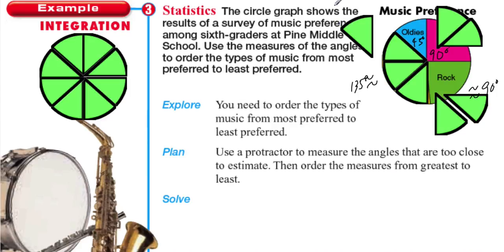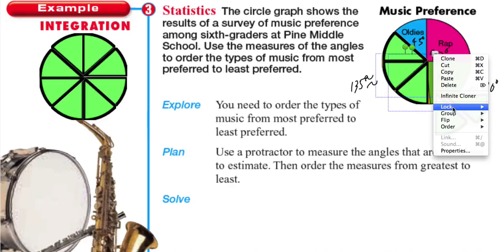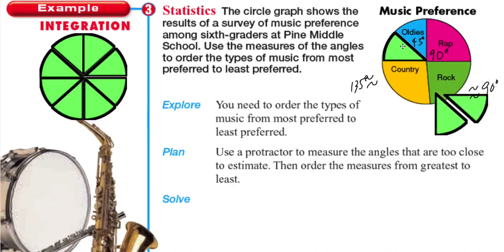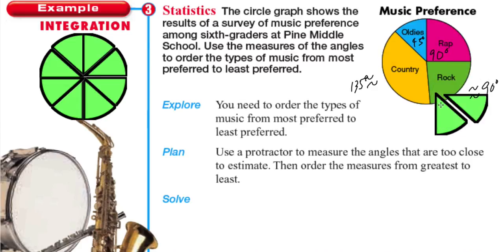So let's take out our slices now. There you go. So what is it asking for us to do? Let's delete this thing, and delete this slice. One more.